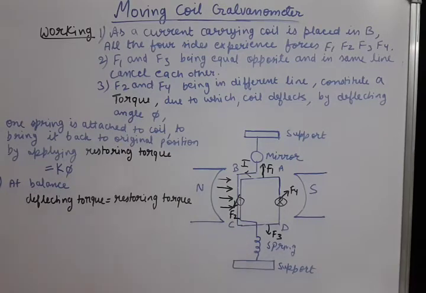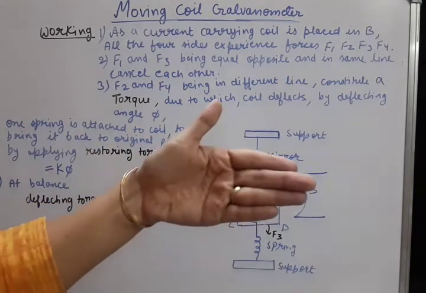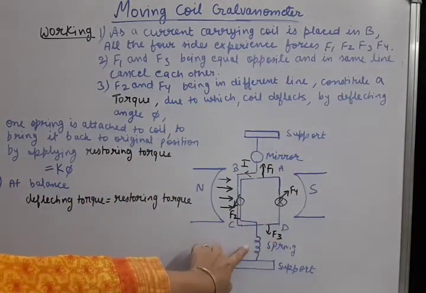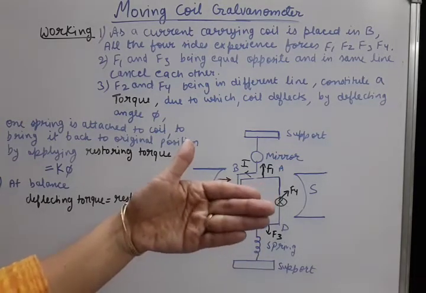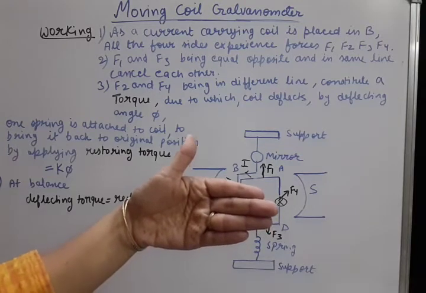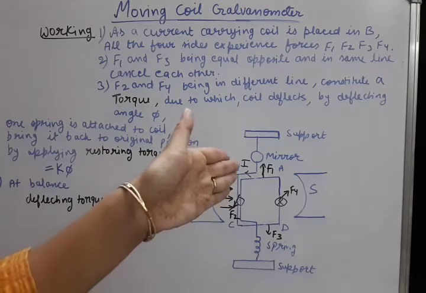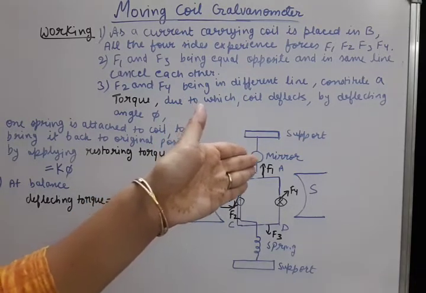Because the spring provides a restoring torque. What happens to the spring? If the coil is turned, this spring will get a twist, and in that condition it is unstable. So the coil wants to come back to its original position. If the coil is like this, the spring attached to it has got a twist. So the spring always wants to come back to its original position.